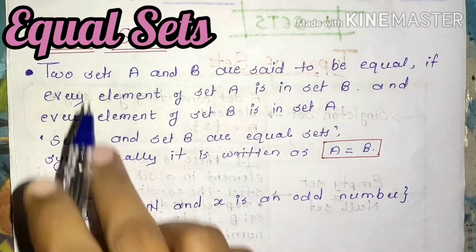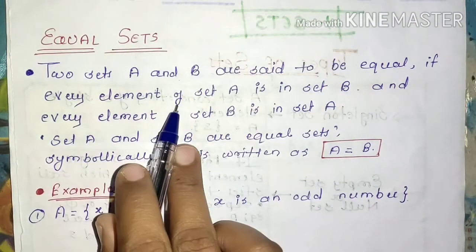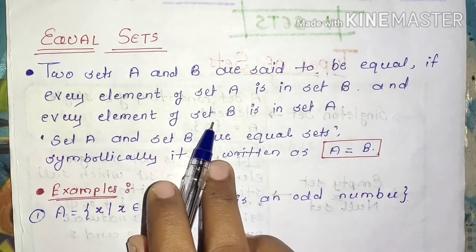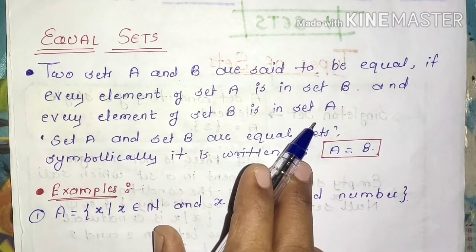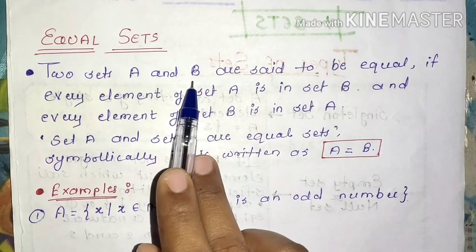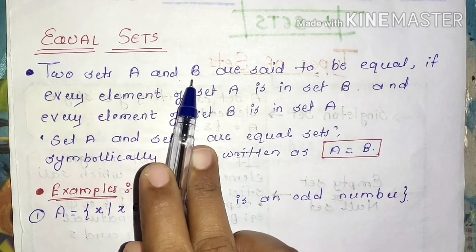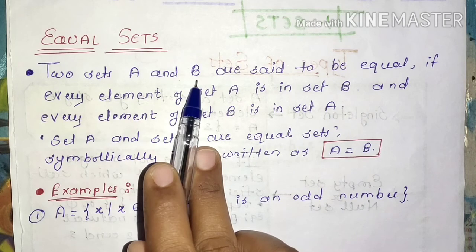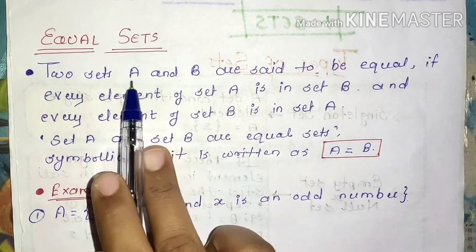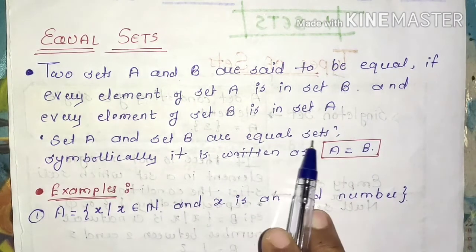Two sets A and B are said to be equal if every element of set A is in set B and every element of set B is in set A. Then only both the sets, A and B, are said to be equal sets.